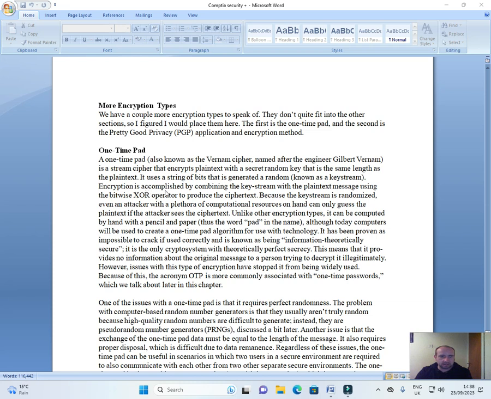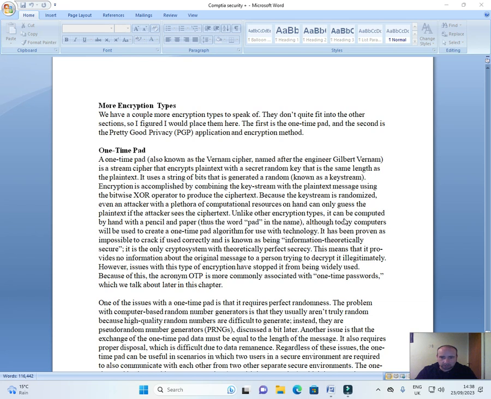Encryption is accomplished by combining the key stream with the plain text message using the bitwise XOR operator to produce the ciphertext. Because this key stream is randomized, even an attacker with a plethora of computational resources on hand can only guess the plain text if the attacker sees the ciphertext.